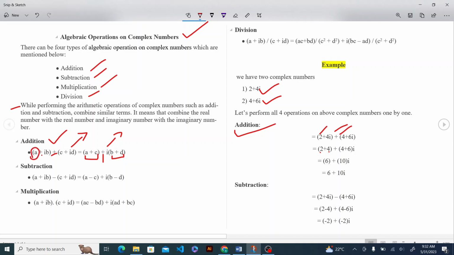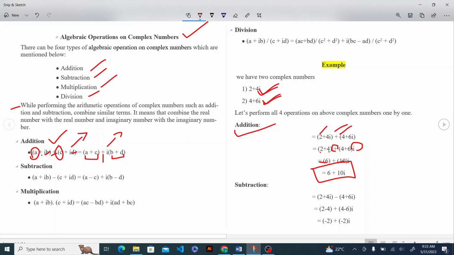See, a and c are the real parts and b and d are the imaginary parts. So we are adding a and c, which are 2 and 4 respectively, and b and d are 4 and 6. So the plus sign will come, and then 4 plus 6, and then the iota sign will be placed here. So 2 plus 4 is equal to 6 and 4 plus 6 is equal to 10. So 6 plus 10 iota is the sum of the two complex numbers, 2 plus 4 iota and 4 plus 6 iota.